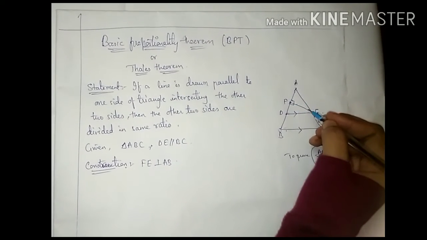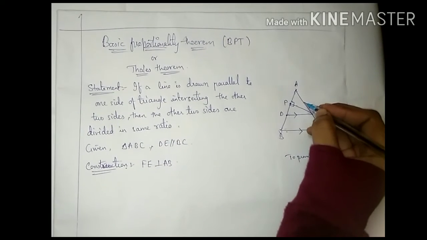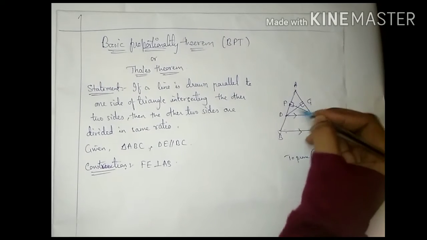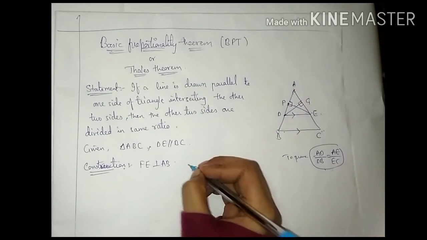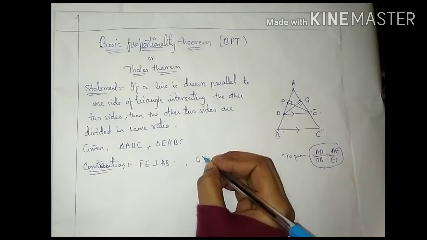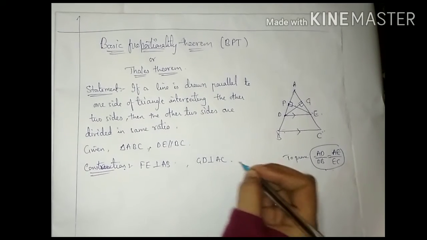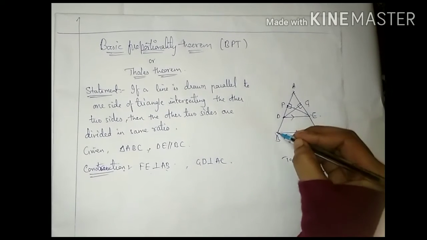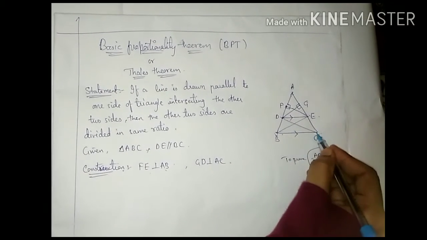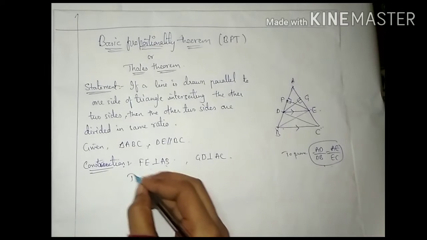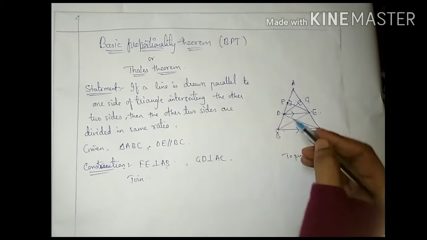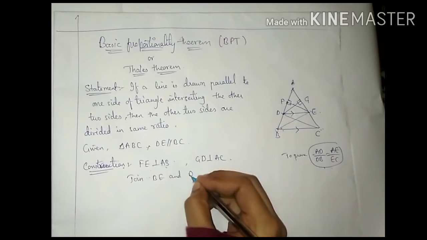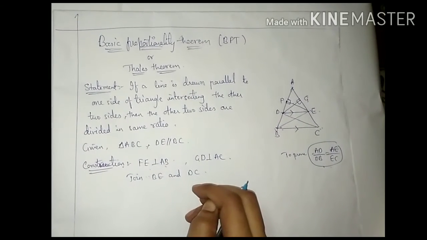Another perpendicular line I will draw from here, I'll name it as GD. GD is perpendicular to AC. As you can see, two perpendicular lines I have constructed, and I'll join BE and DC. So construction is also finished.